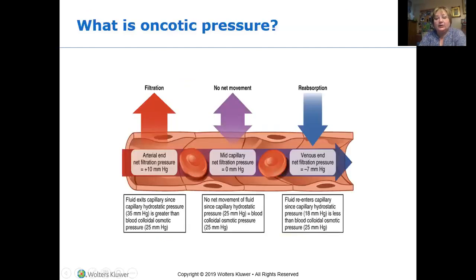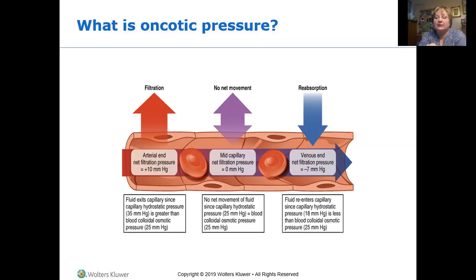This is just another picture showing you oncotic pressure, so I'll let you look at that on your own. It really is important to understand that if you don't have enough albumin, and there is a level I'll look up and give to you, you're not going to have good oncotic pressure, and it's going to be more difficult to pull fluid back into the body.